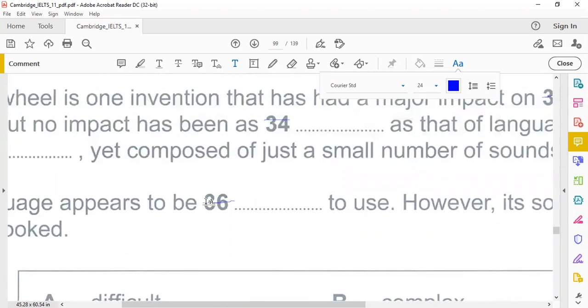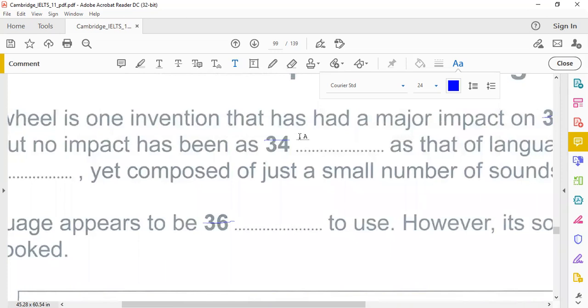You write fundamental. So G is the right option. I do write G. As fundamental as that of language.